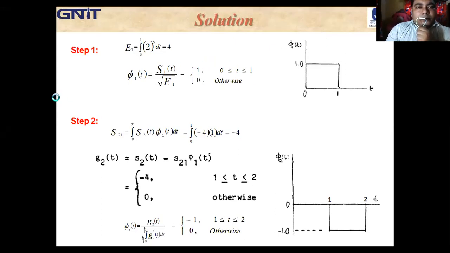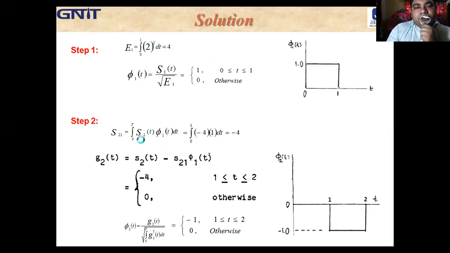Now we move to construct the second basis function. To determine the second basis function, first we need to determine S21. S21 is defined as the integration from 0 to t of S2t phi 1t dt.